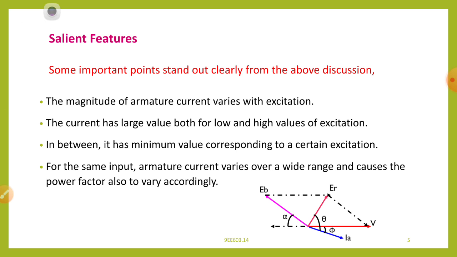Hence we assume a small gap, a difference between stator axis and rotor axis, which we call the load angle or coupling angle alpha. Due to this we get a resultant ER, and correspondingly the current IA at an angle theta. Theta is the internal angle, almost constant, equal to tan inverse of XL by RA.